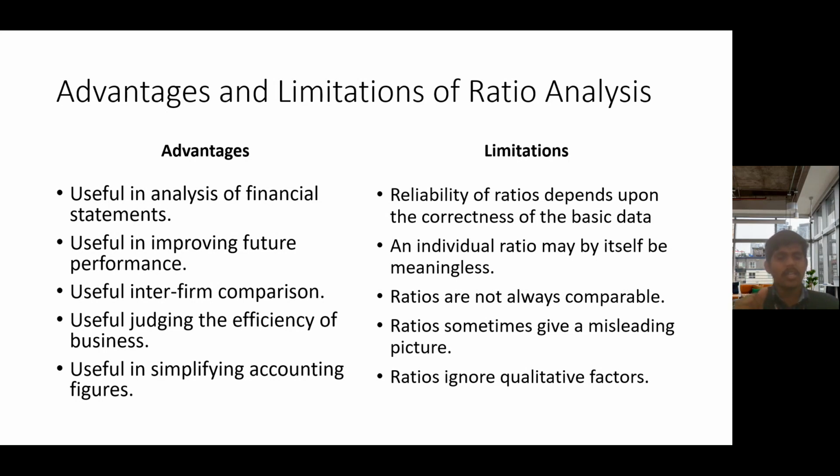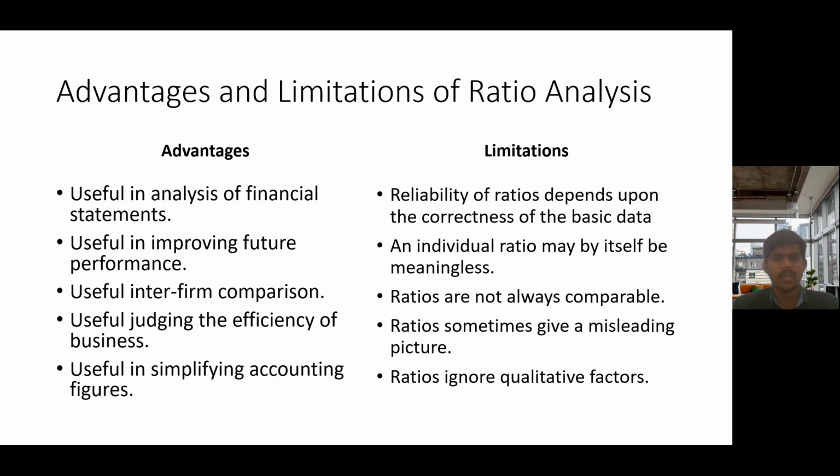Next, third, it is useful in interfirm comparison. As I told in a previous feature, it helps us understand how we can compare ourselves with another company, like Louis Philippe and Peter England. These two companies can be understood by way of the ratio analysis of their financial statements.